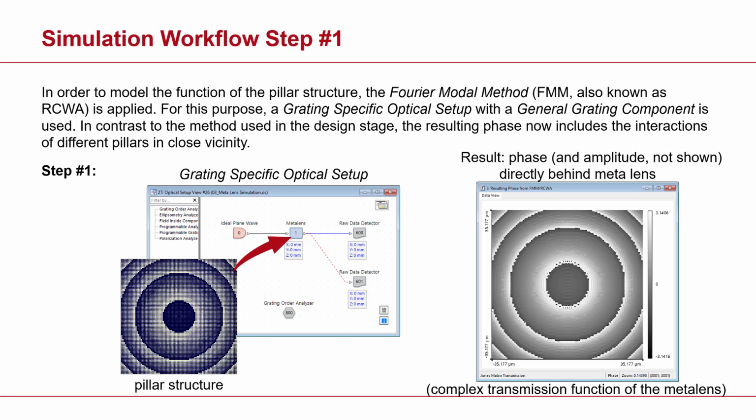Next, we simulate the interaction of the incident field with that meta-lens, with the actual physical meta-lens structure, and we generate the complex transmission function of that meta-lens. So this is actually the field, just the phase here, but we calculate the amplitude as well. This is the transmission function of the meta-lens itself, of the structure of that pillar distribution that we just defined.